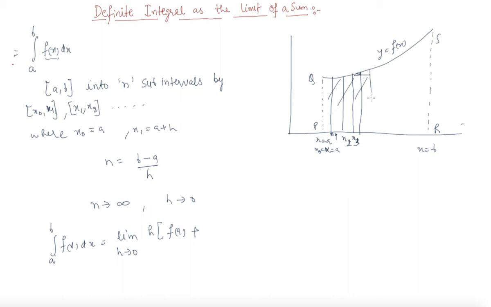So in this, if this is the strip and this is h and this is x2 minus x0, you can say f(a) and f(a plus h), so this will become f(a plus (n minus 1)h).